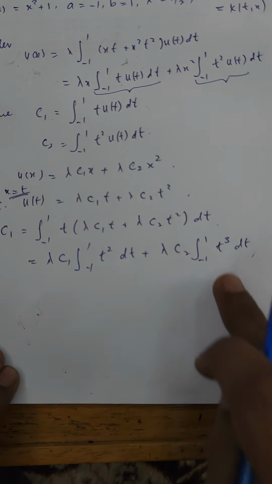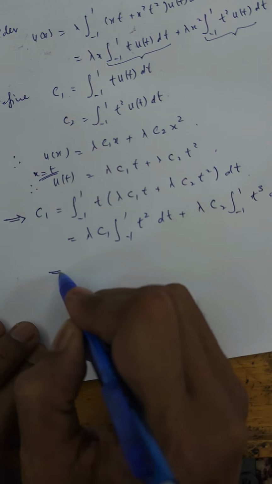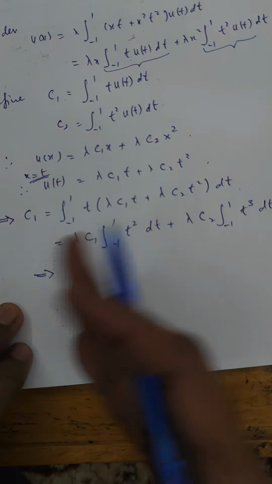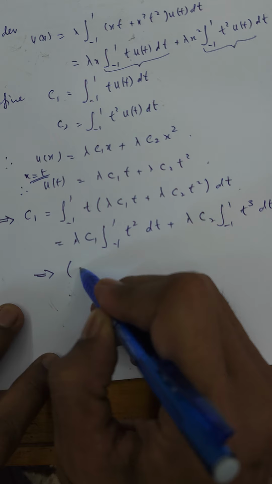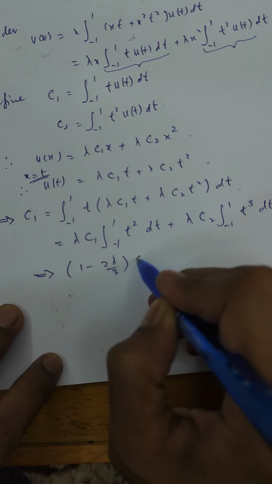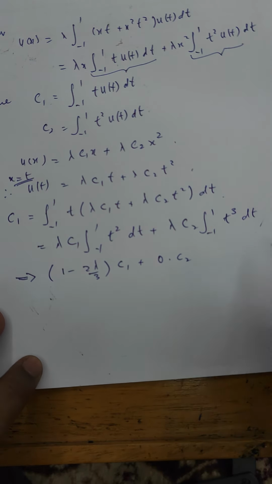Those you can evaluate easily. Then you factor out C1 and bring it all to the left: (1 minus 2 lambda over 3) C1 plus 0 times C2 equals 0.